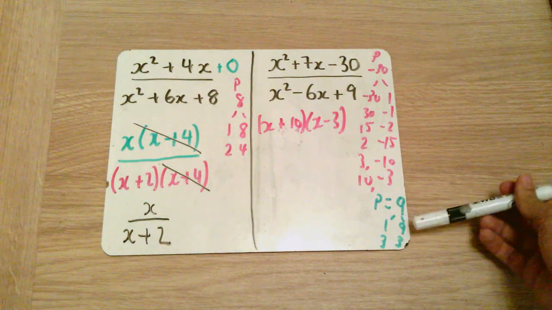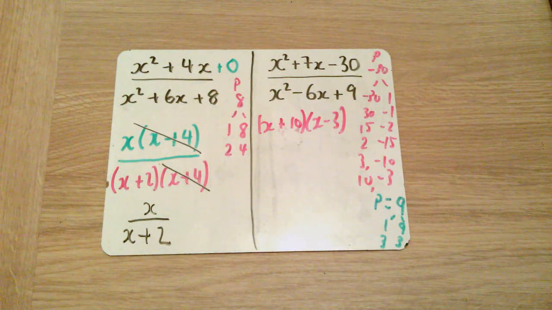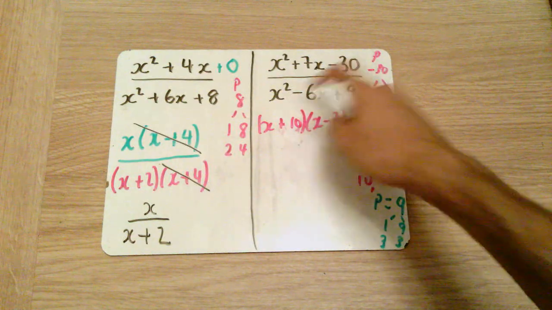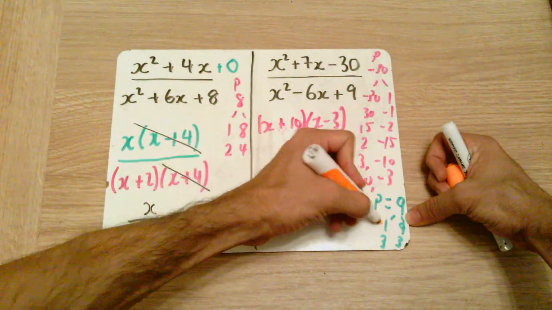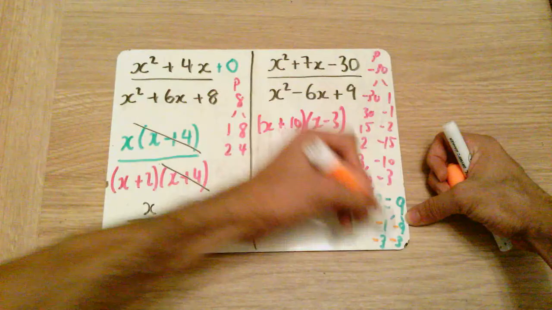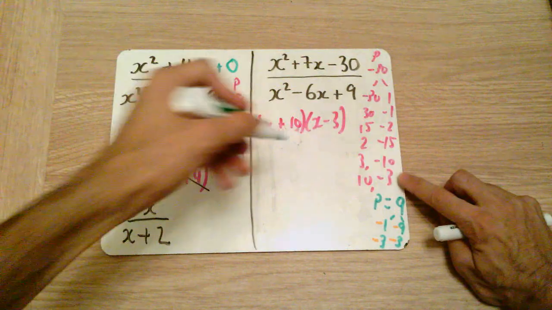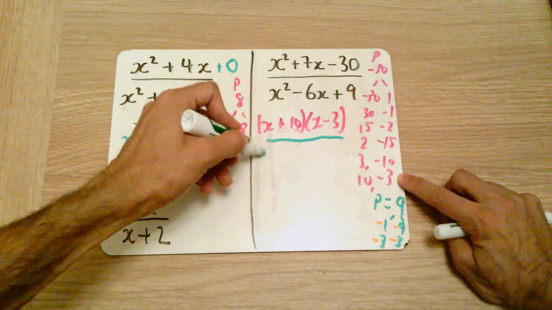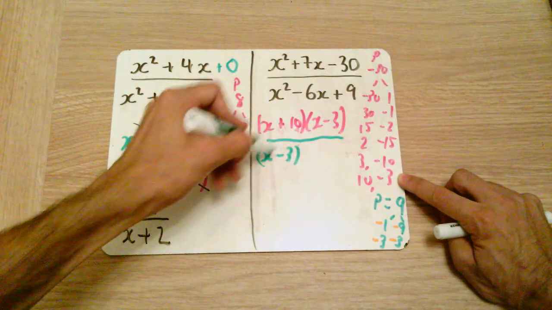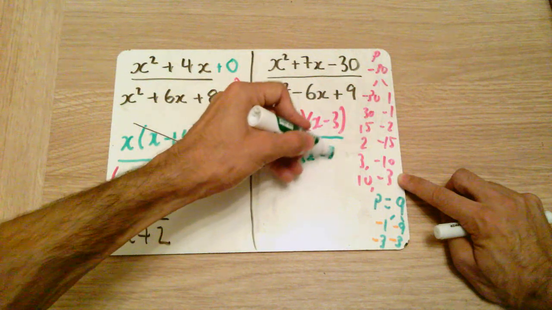Now, because 9 is positive, a positive number can occur when you multiply either two positives together or two negatives. So because this value here is negative, this needs to be minus 1 and minus 9, and minus 3 and minus 3. Now we have a combination that can be used, which is x minus 3 and x minus 3, which means on the bottom, our denominator for this quadratic is x minus 3 and x minus 3.